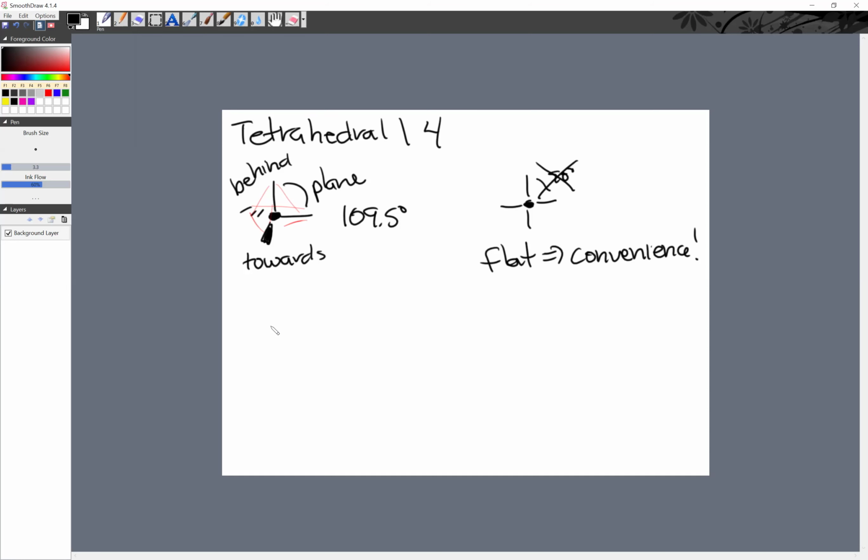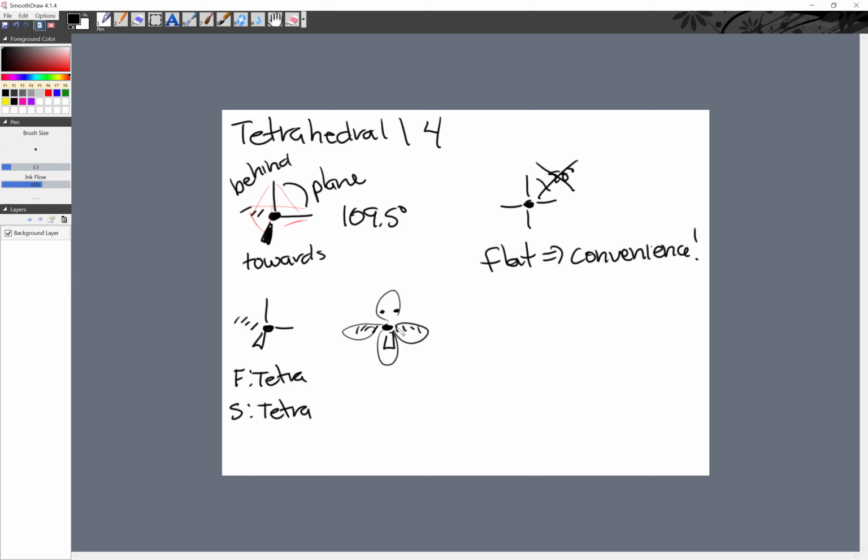So my variations, if I have 4 things, that's family tetrahedral. And if they're all bonds, the shape is also tetrahedral. If I have 1 lone pair, and now notice I can draw it different. That's still 4 things. 1, 2, 3, 4.